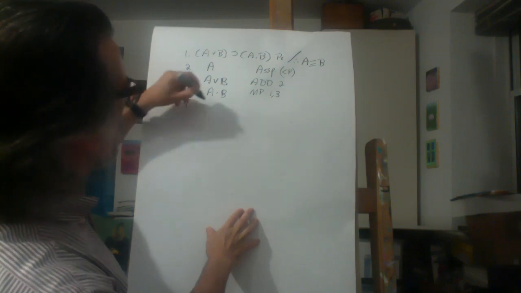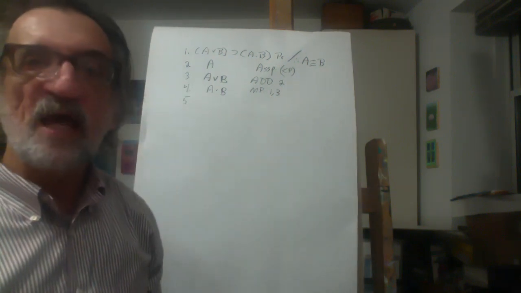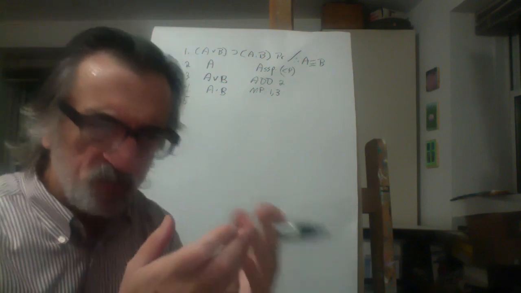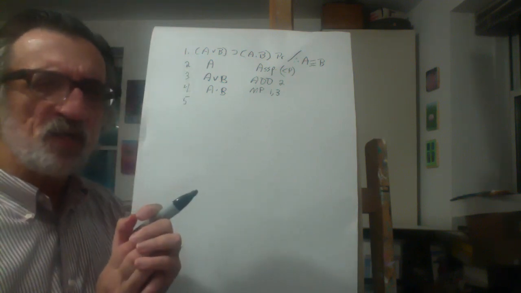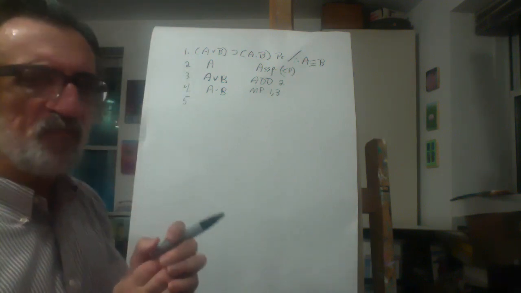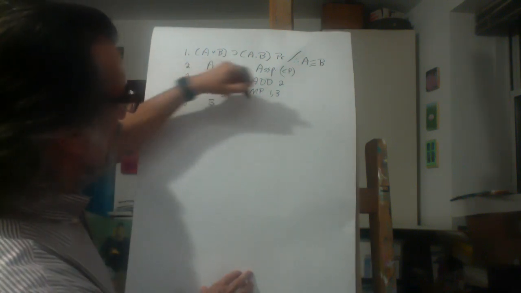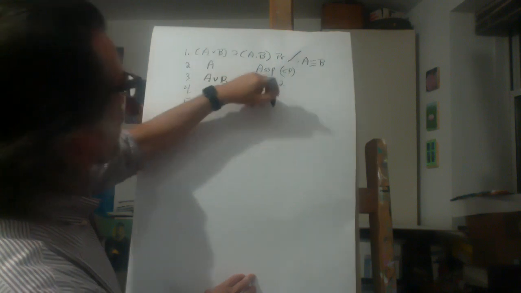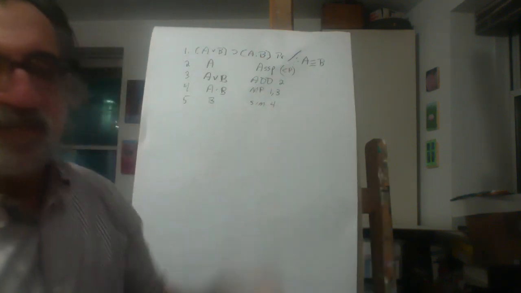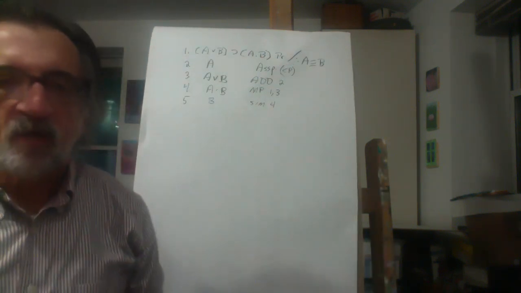But once we have A and B, it's the work of a moment to see that from A and B, we can infer B alone. That's simplification from 4, all right?